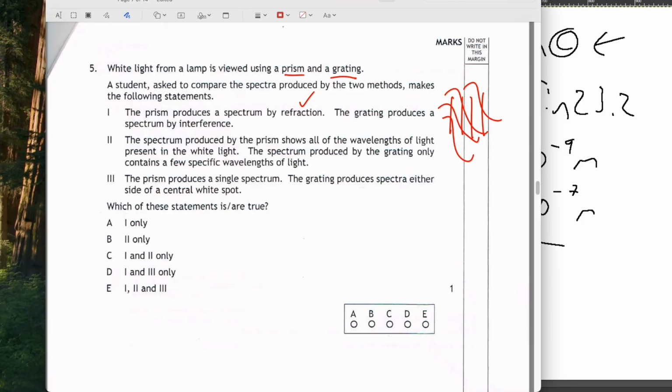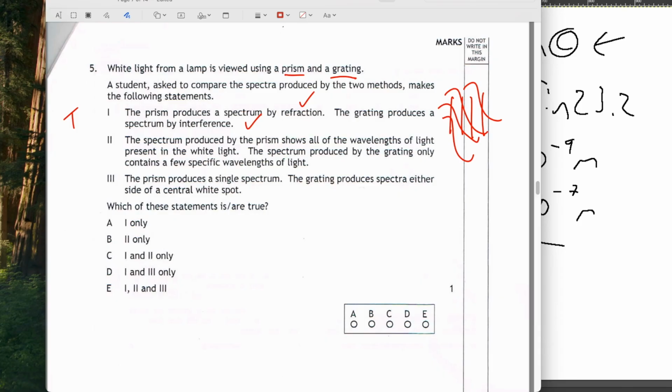So red will be on the outside. But in refraction, waves with the longer wavelength refract less. So the grating produces a spectrum by interference. Yes, it is a different method of separation of the wavelengths. So this is true.